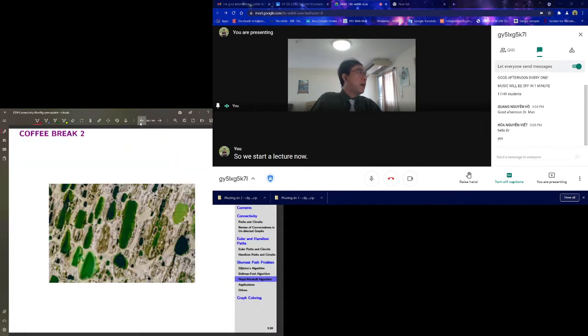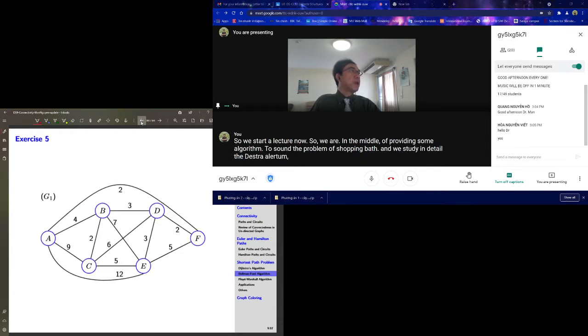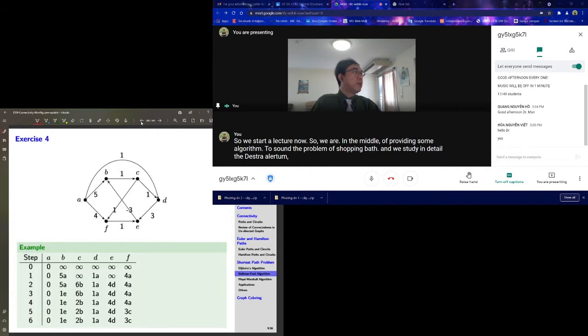So we are in the middle of providing some algorithms to solve the shortest path problem, and we studied in detail the Dijkstra algorithm. Then we move on with the second one. I introduce the Bellman-Ford algorithm.